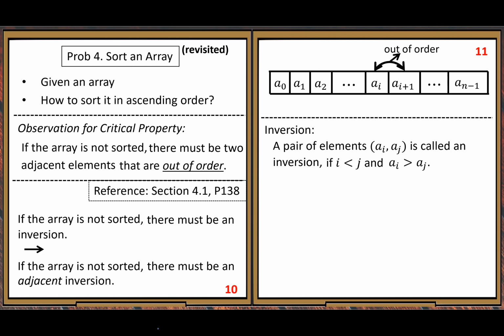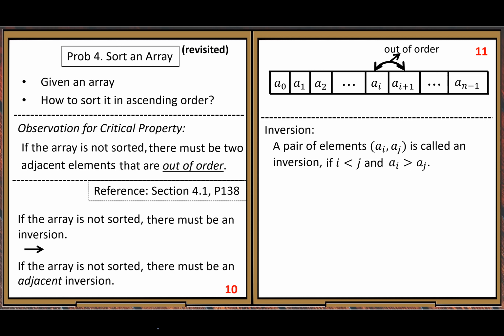In the first version, there must be an inversion. Here the inversion means a global inversion: the two elements selected from the array that form an inversion can be anywhere in the array. So it's a global view.